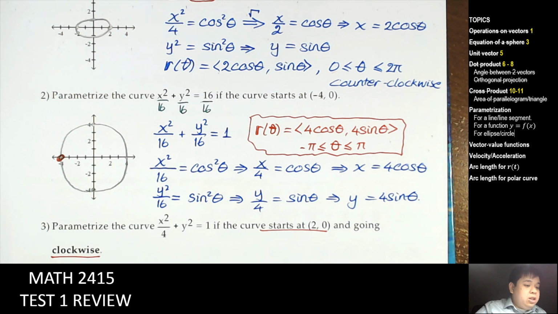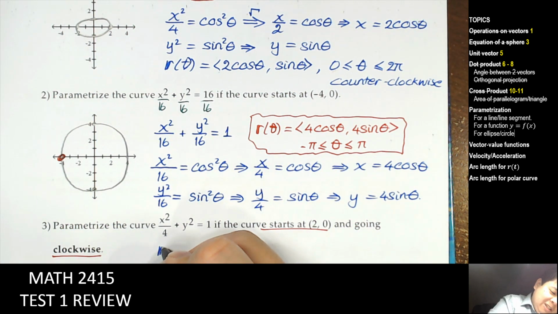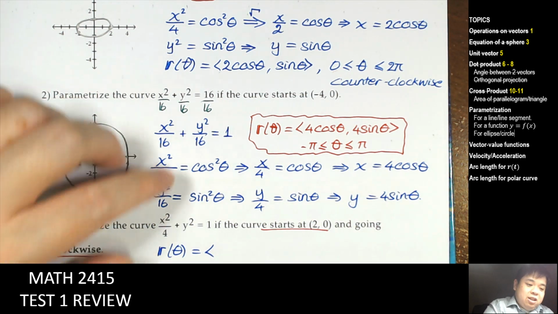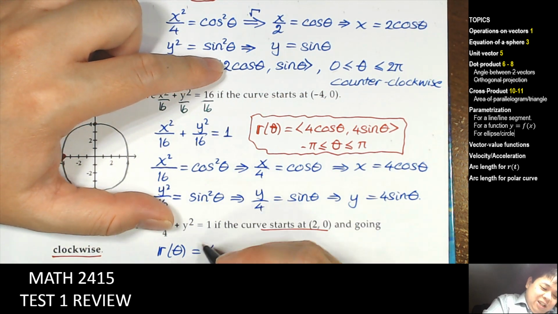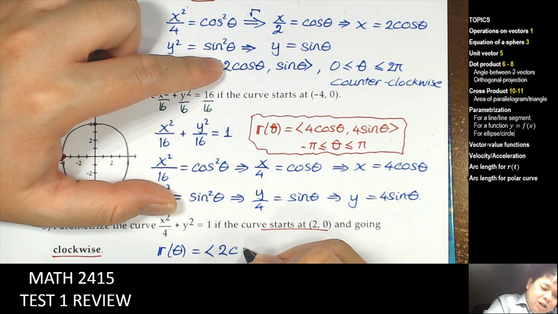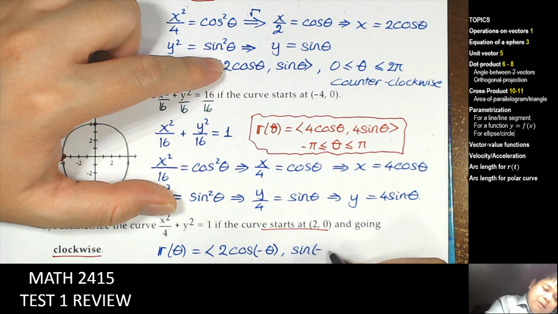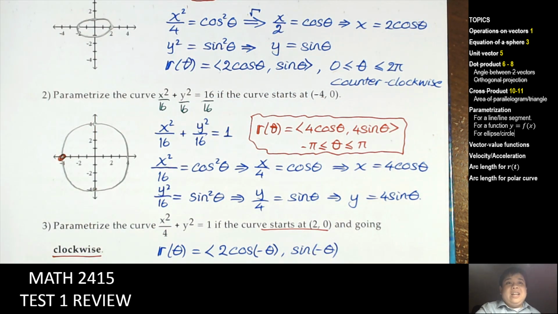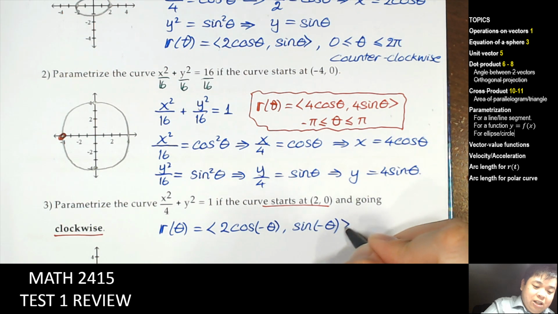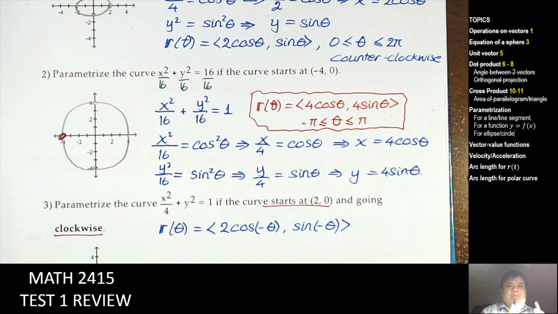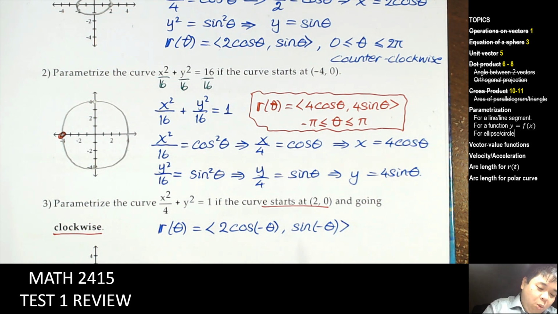Now all we do is throw in the negative sign. So instead of cosine of theta, we say cosine of negative theta, and sine of negative theta. Now when theta is increasing, negative theta is decreasing, so that it will go in the clockwise direction, the opposite direction, when we throw in the negative sign.